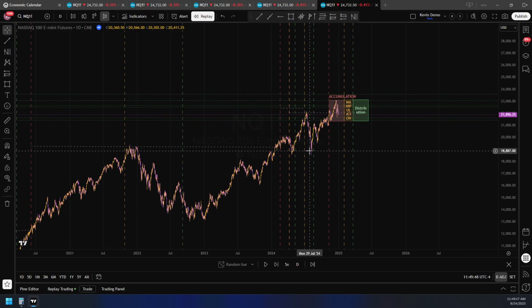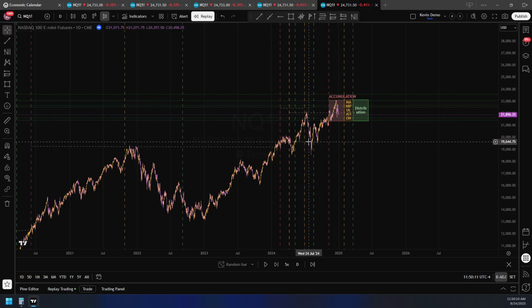This kind of retested that. So like I said, every manipulation and distribution is an accumulation on a higher time frame. When this breaks right here, this is accumulation over here.